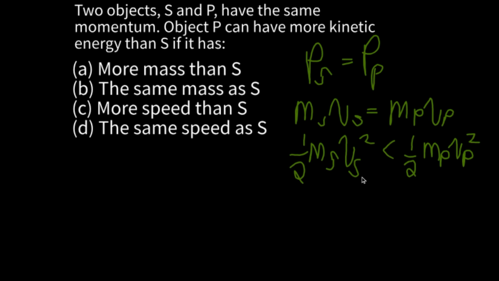However, in terms of kinetic energy, the relationship to our speed or our velocity squared is this squared here. And because that variable is squared, if we want object P to have more kinetic energy than S, then object P has to have a greater speed than S.